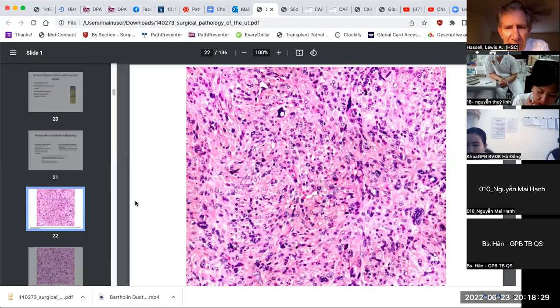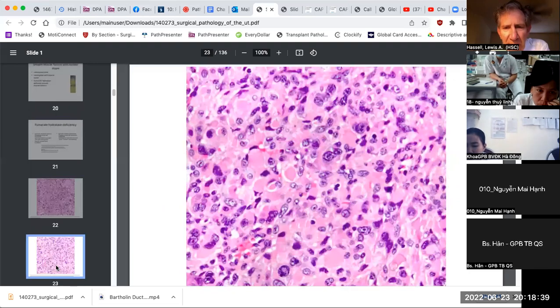Slide up here. So here's an example, and you can see there's still these bizarre nuclei. So that's not a key feature here. But one of the things that you may be able to pick up on is these eosinophilic bodies or inclusion type of structures, almost rhabdoid type of structures in the cells.